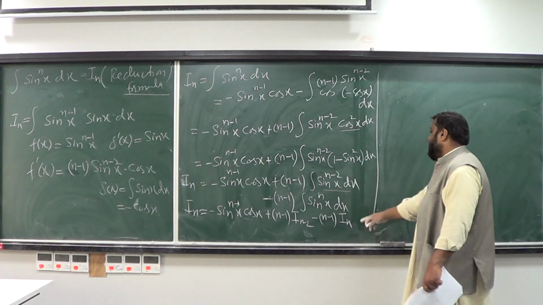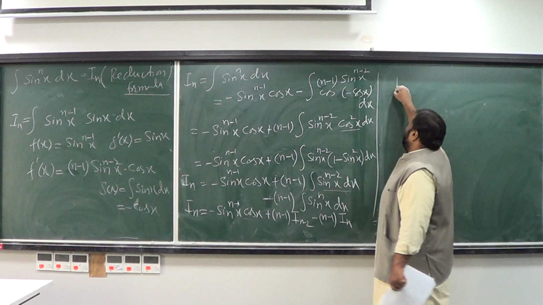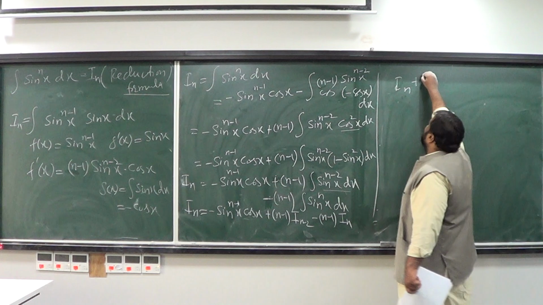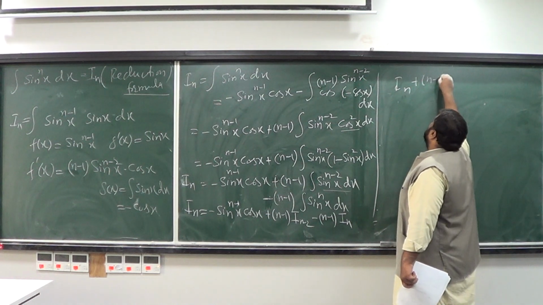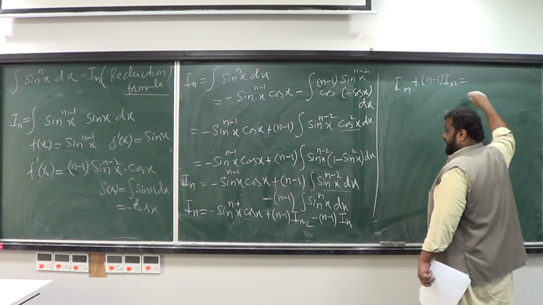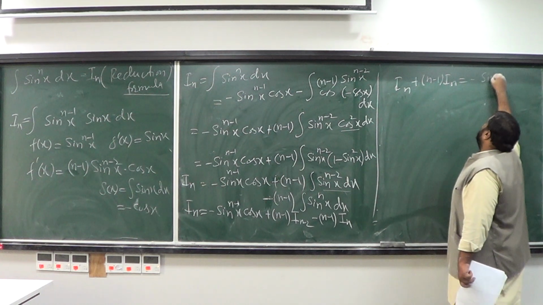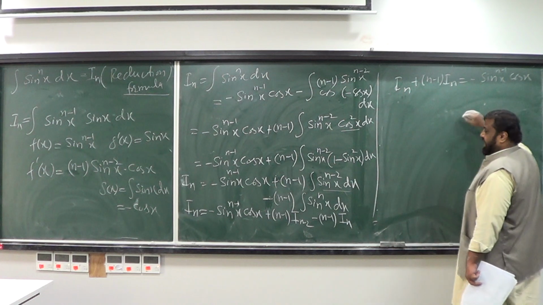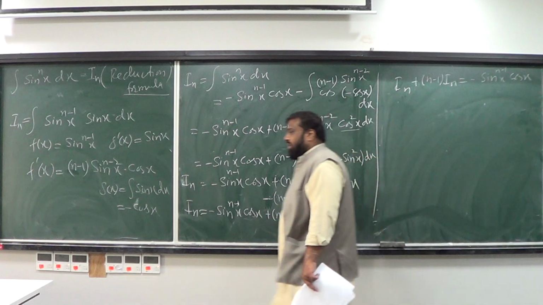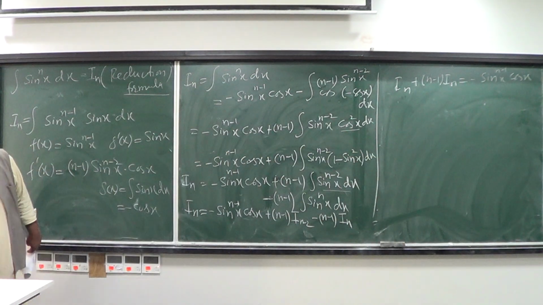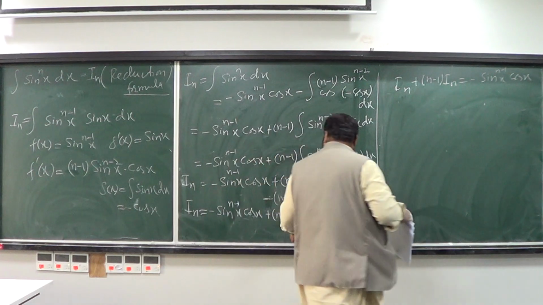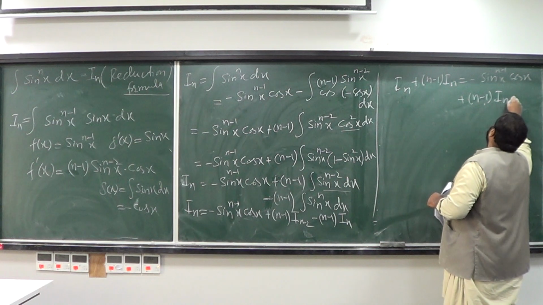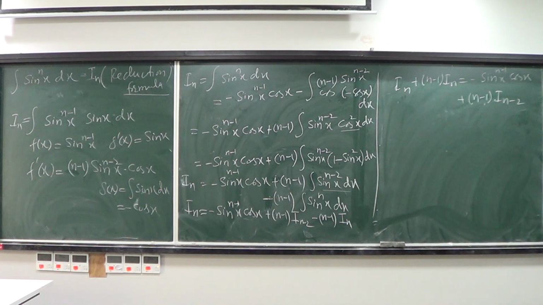If you add this on the other side, you're going to get I_n plus (n minus 1) I_n equal to minus sine^(n-1) x cosine x plus (n minus 1) I_(n-2).